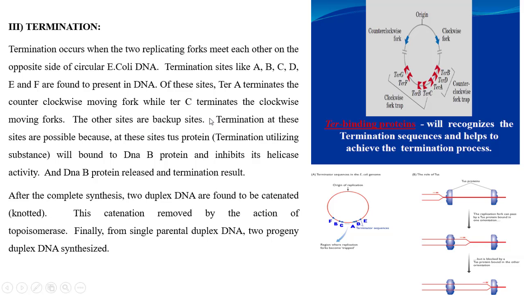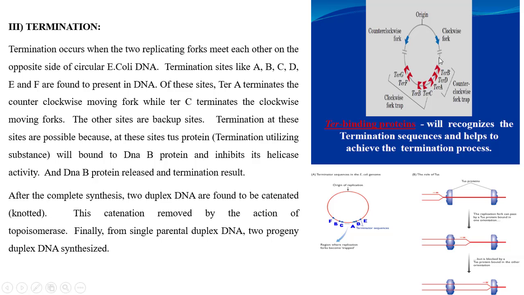During that meeting, there is a protein, namely termination utilization substance, TUS. This protein stops the helicase activity. The helicase is breaking the hydrogen bonds between the double stranded DNA.